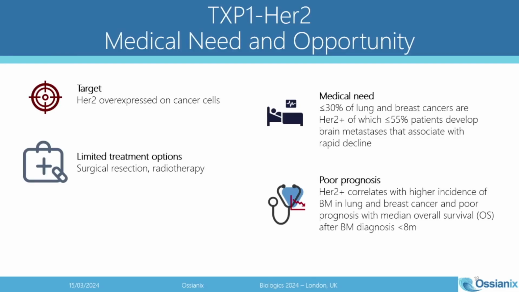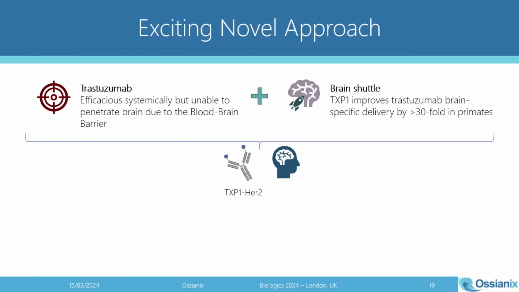There's only approximately less than a year median overall survival for patients diagnosed with brain metastasis. And the population size is huge. Just for the US and Europe, there are over 160,000 patients suffering from brain metastasis every year.